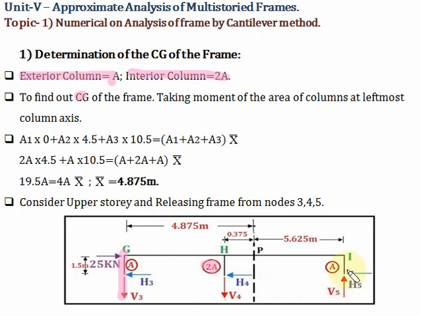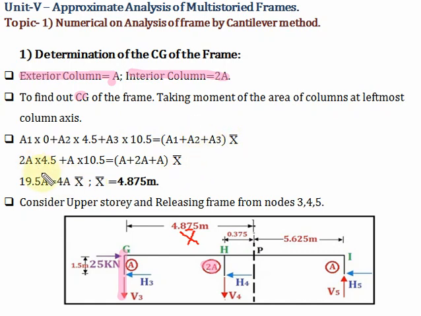Now A3, that means this column, so A3 into 10.5, equal to what? A1 plus A2 plus A3 into X bar. Somewhere here there is the X bar, for example. So A1 into 0 plus A2 into 4.5 plus A3 into 10.5 equals A1 plus A2 plus A3 into X bar.